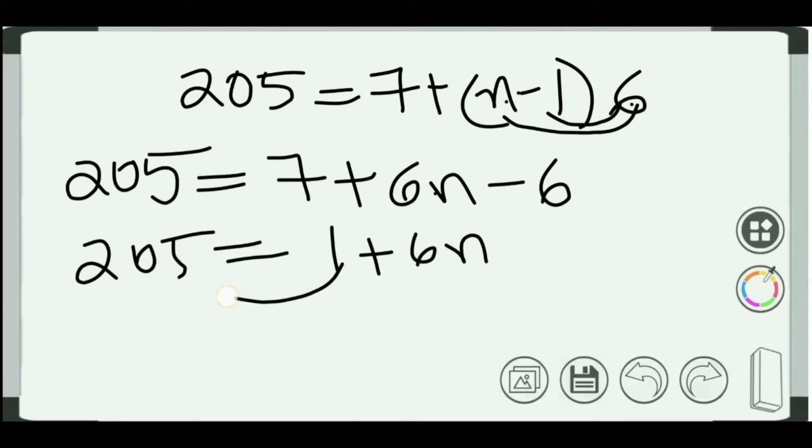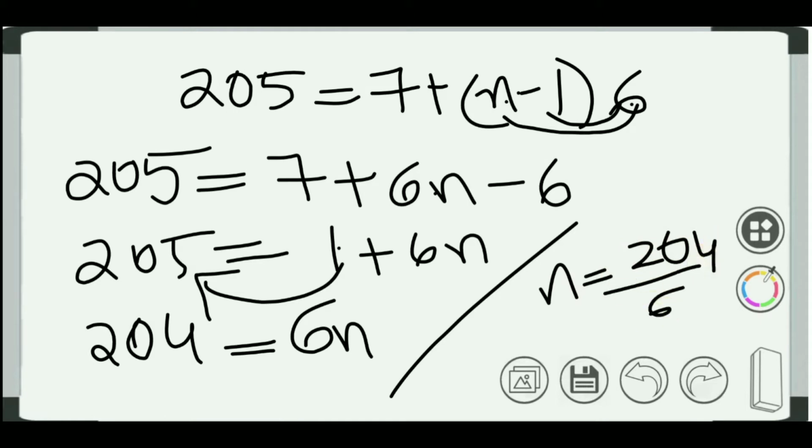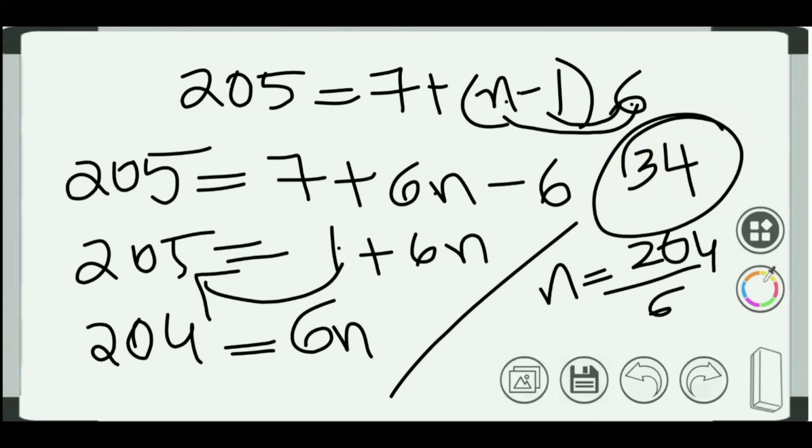I am taking this 1 to this side, so plus 1 will become minus 1. 205 minus 1, 204, equal to 6n. Then n is equal to 204 divided by 6, which is 34. So there are 34 terms. You can conclude the answer as: therefore this given series has 34 terms in it.